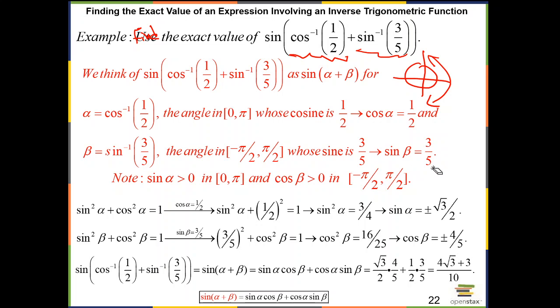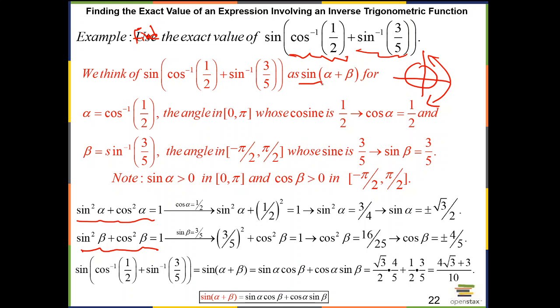So sine of beta is 3 over 5, right? So we know cosine alpha is 1/2 and sine beta is 3 over 5, right? So we can use the Pythagorean identity to find the unknown quantities.